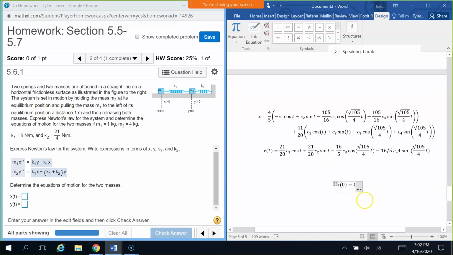Oh no, sorry, the second one was held in place. The first mass was moved a meter to the left. It was not given an initial speed, so the derivative of x is just 0. My second mass was held in position, and it was also not given an initial speed. So I have 4 initial conditions because I'm trying to solve for 4 different constants.